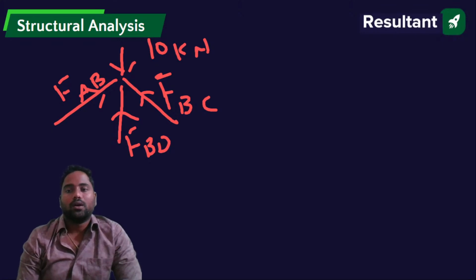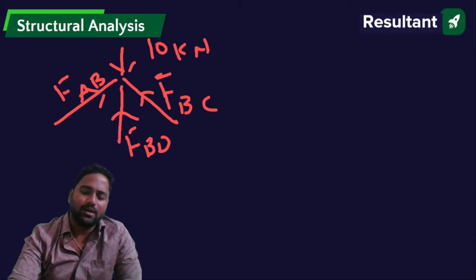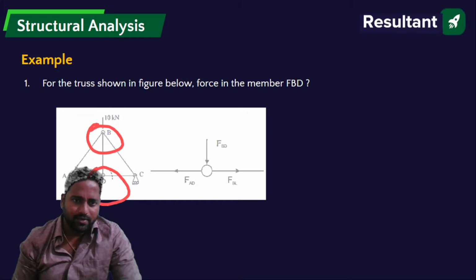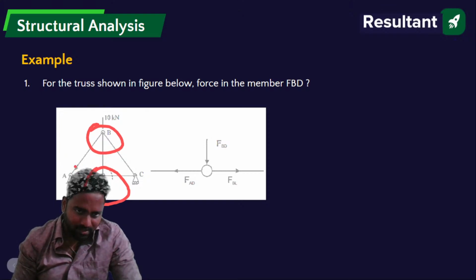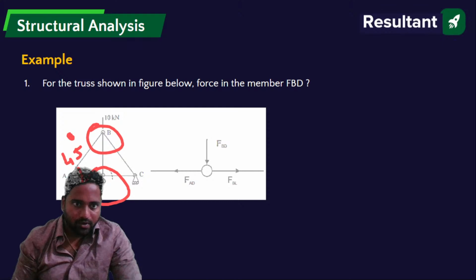Now, the angle is not given to us. So what we'll do, we'll take equal angles. What is wrong in that? I take this as some 45 degrees. So this will also be 45 degrees only.